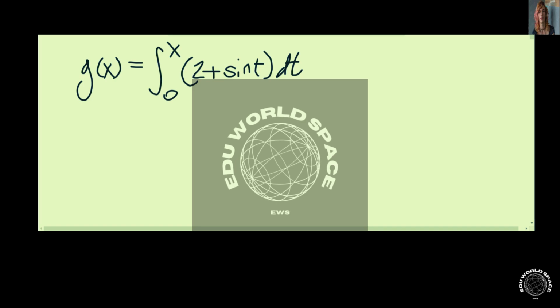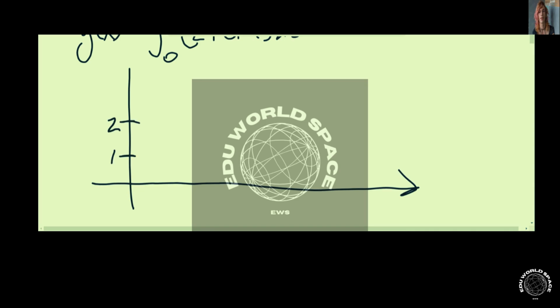So to sketch the area represented by g, first let's sketch the function 2 plus sine t. This is just a vertical shift of the function sine t up 2 units. And so a sketch of this looks something like this. We start out at the point 0, 2.